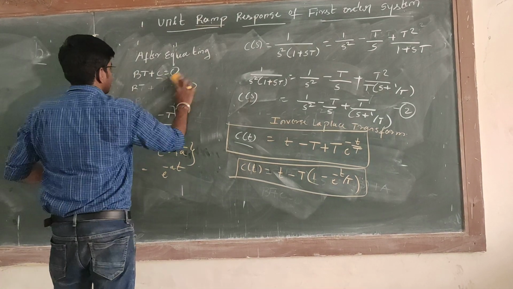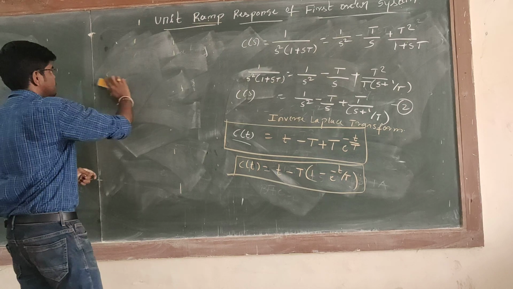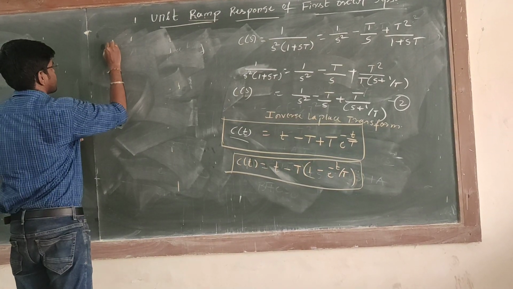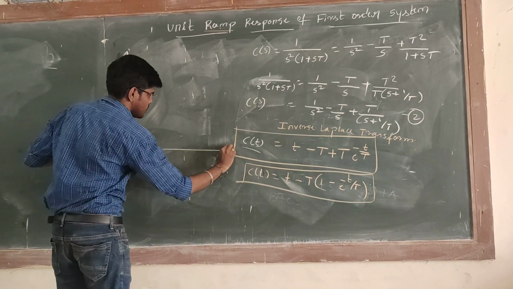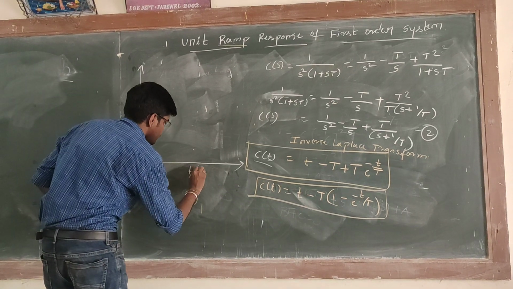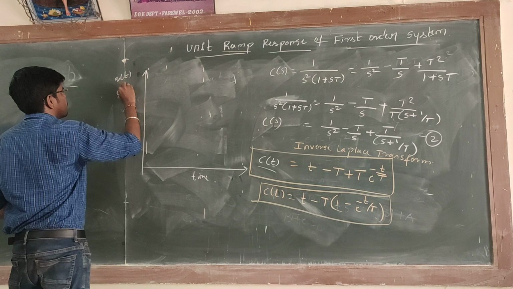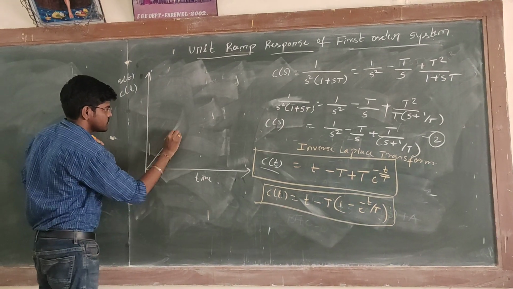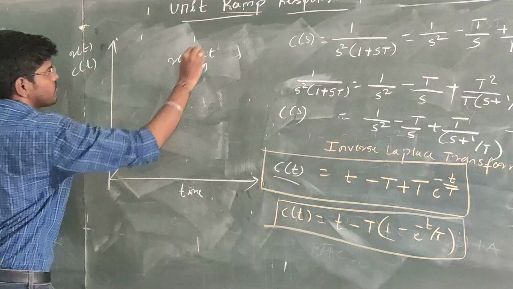Okay, so we'll see the explanation of this system by using the graph. The y-axis indicates output, the x-axis indicates the time period. R of t or C of t. Okay, so the ramp signal is represented like this. So R of t equals t.